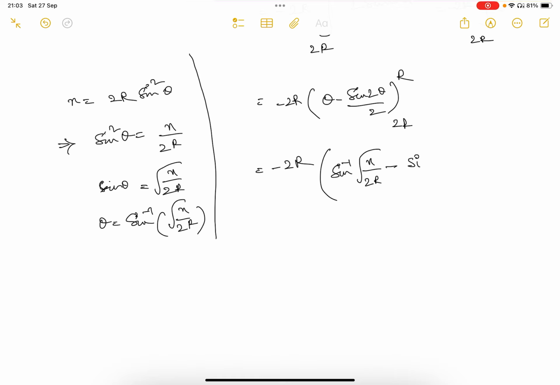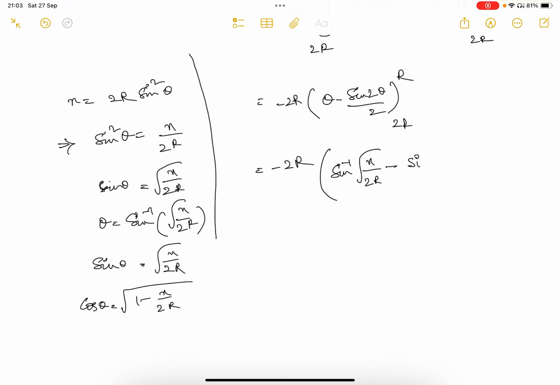Just write it down: sin theta is root of x by 2r. Then sin 2 theta can be written as 2 sin theta into cos theta. Cos theta will be root of 1 minus sin square theta, which is x by 2r, fine.